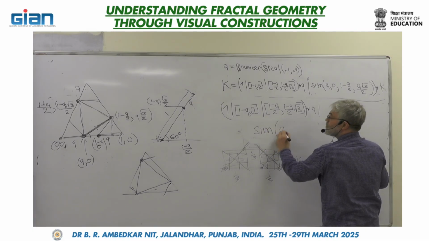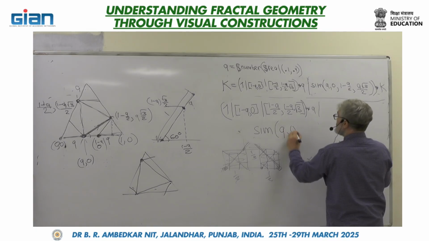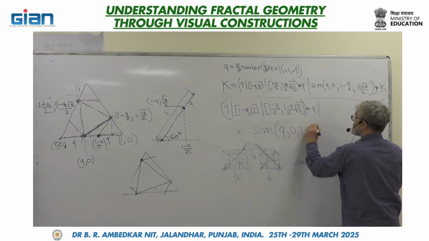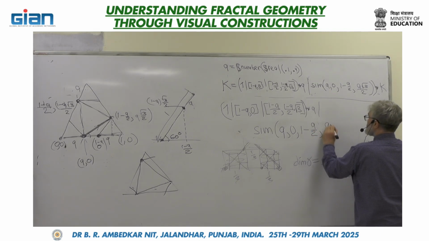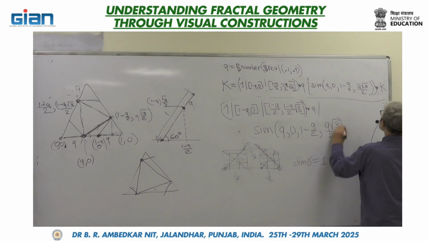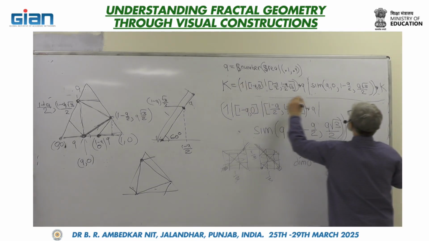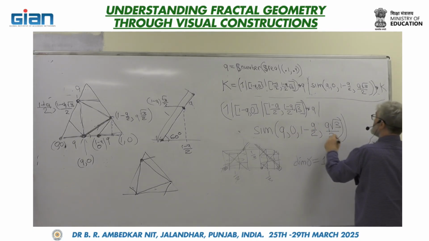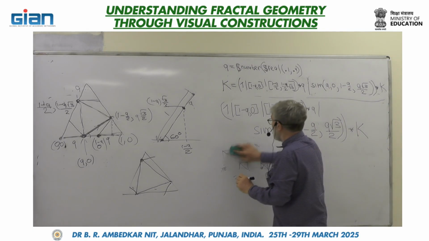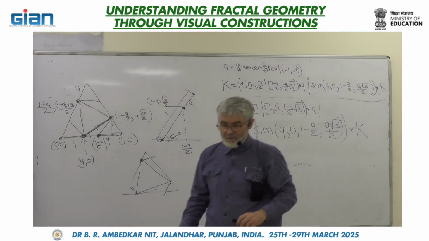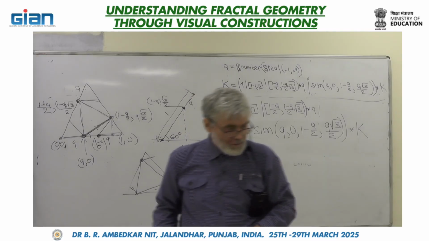Here you have Q 0, 1 minus Q divided by 2, Q square root of 3 divided by 2, all this closed, and then all these parentheses are closed, and it is multiplied by k. Yes, I write it in greater letters.